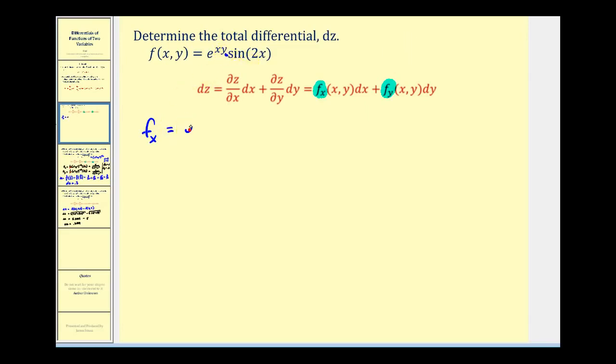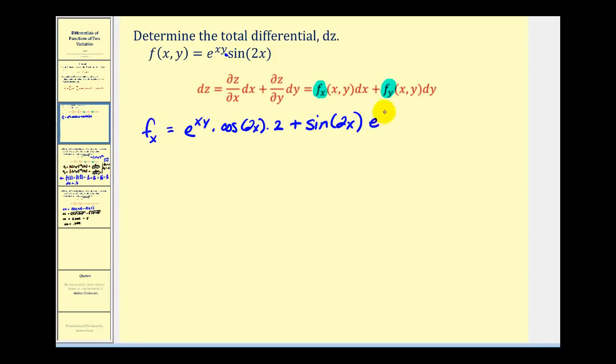So we'll have the first times the derivative of sine 2x, that's going to be cosine 2x times 2, plus the second, which is sine 2x, times the derivative of e to the xy with respect to x, treating y as a constant.